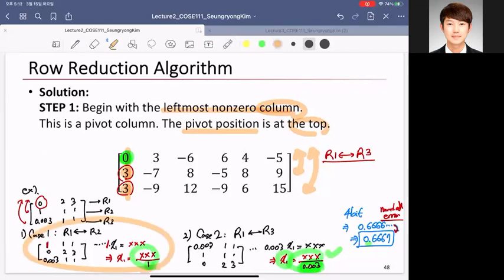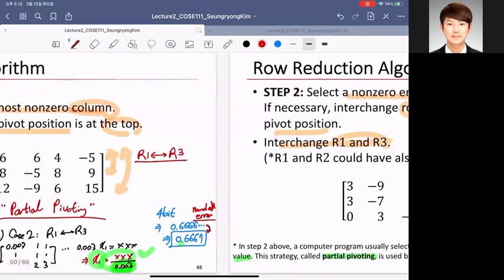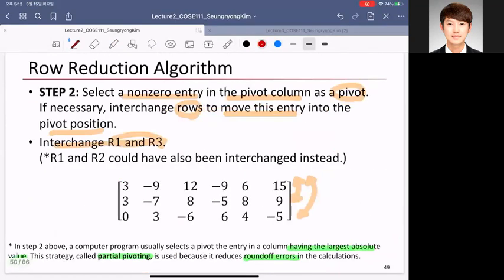So this strategy is called partial pivoting. Partial pivoting. So in other words, to reduce round off error in the calculation, a computer program usually selects the pivot entry in the column having the largest absolute value.